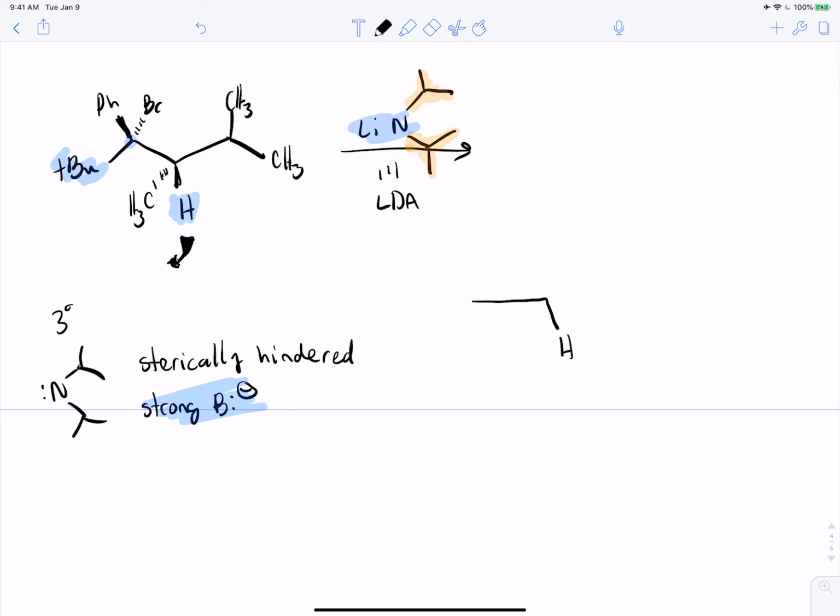I'm trying to show with this arrow that it's going back into the iPad screen. So I'm rotating it back 60 degrees, and the result of that is the isopropyl group is going to stick out, and the methyl group is going to be right there. So it's still in the back of the plane, it's just moved up 60 degrees.